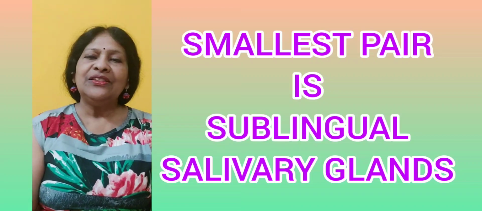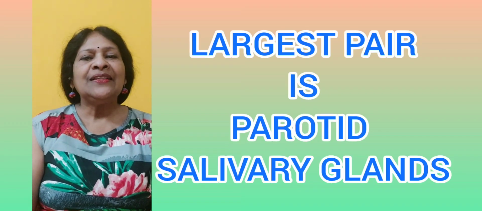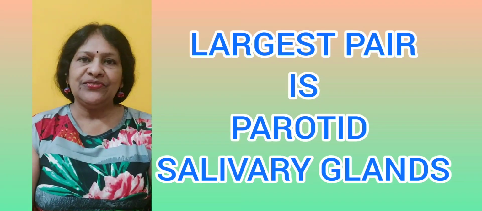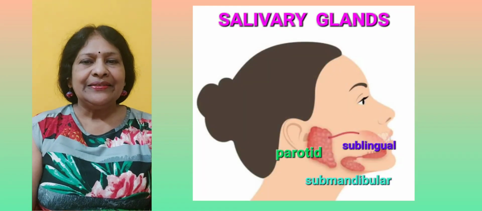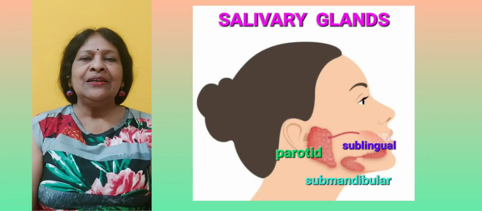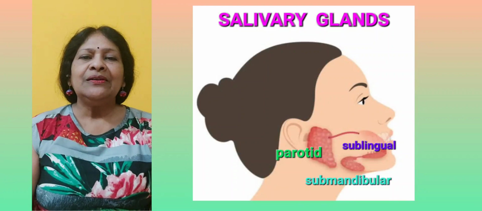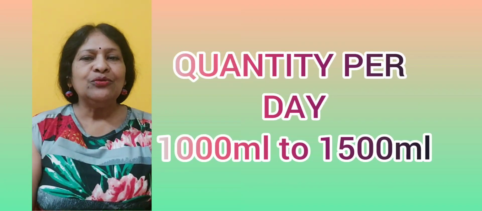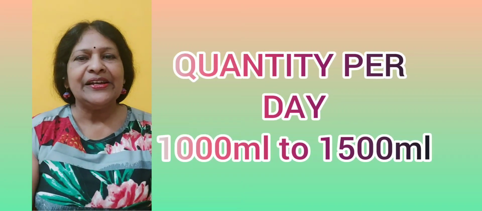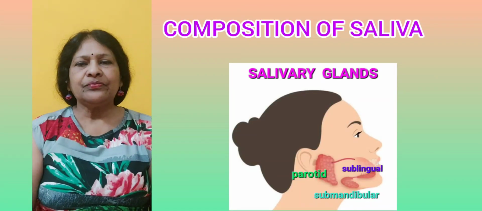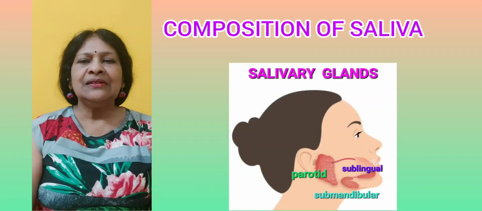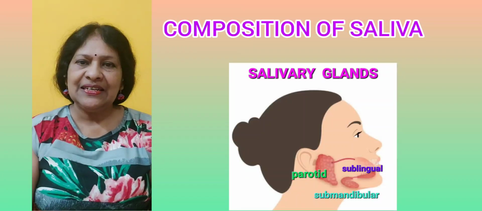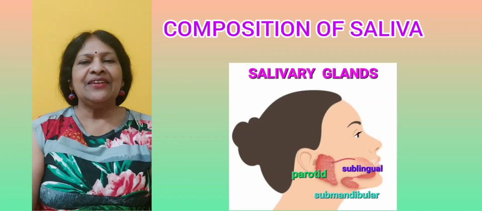gland. All three of them together contribute to the secretion of saliva, and this is approximately found to be around 1000 ml to 1500 ml in a normal case. Now, what are the components present in the secretion of saliva?